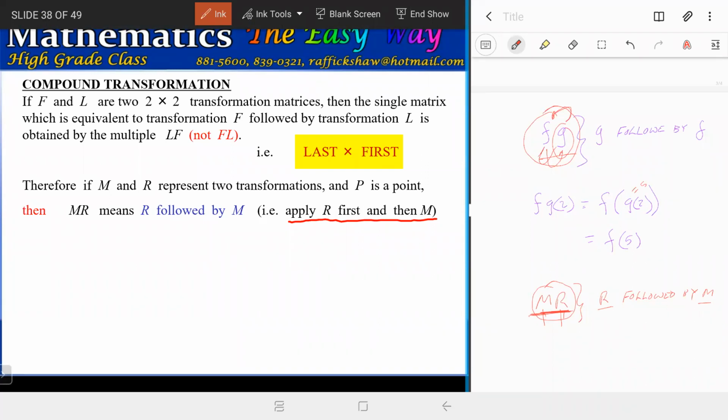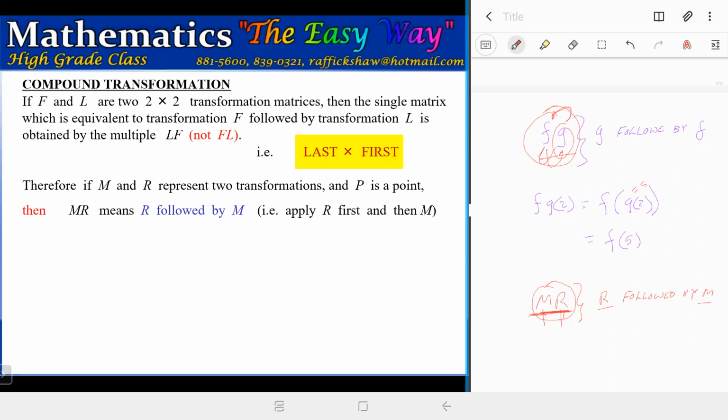When you multiply them, you're going to get a single matrix to do the transformation in one step. If you're doing it step by step, you have R first and then do M second. MR means R followed by M. Another way they could explain is MR on P, similar to f of g of x. MR on P means apply R to P first, and then apply M to the result that you get.